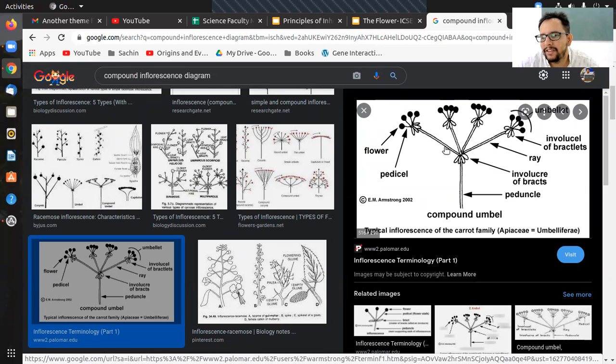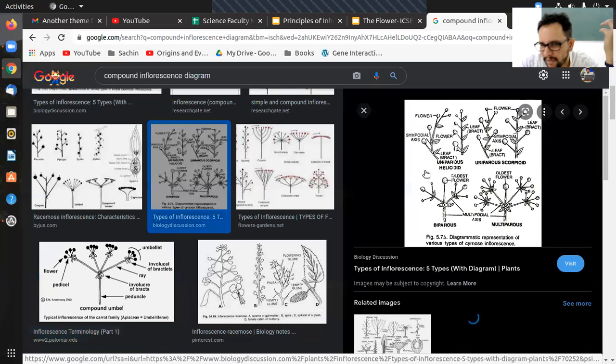But then when these branches are arising, the young branches are at the base, so that's branching and sub branching. But in the branches you have a different inflorescence, and in the sub branches you have a different inflorescence. That means the young flowers are at the tip, and the young branches are at the base. So that way it makes a compound inflorescence.